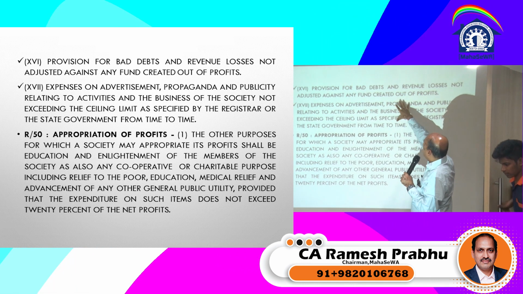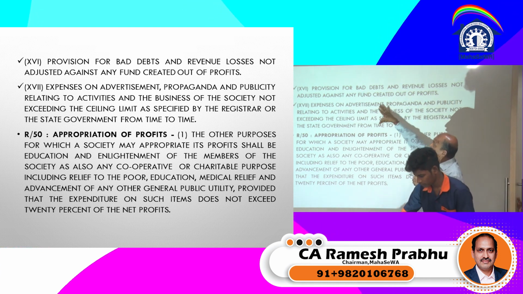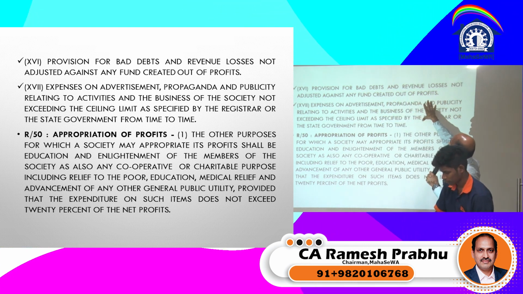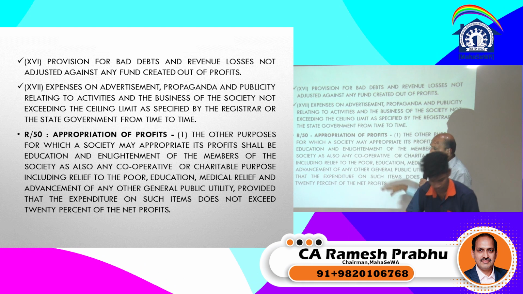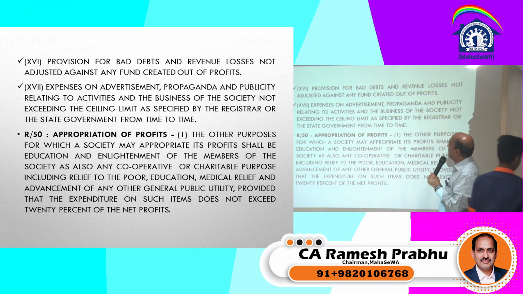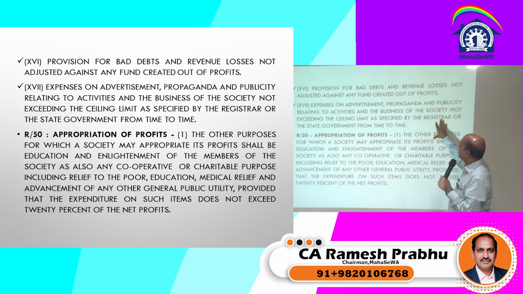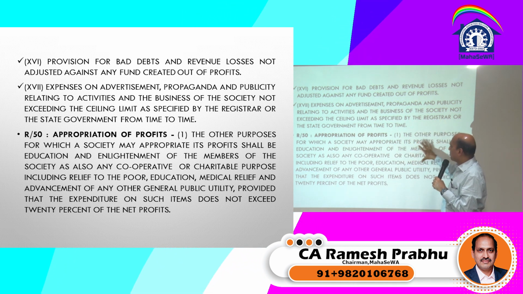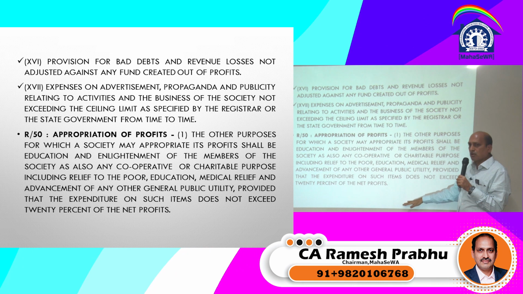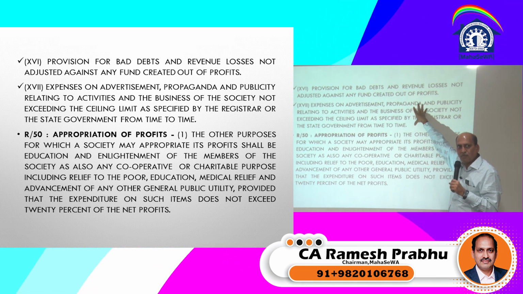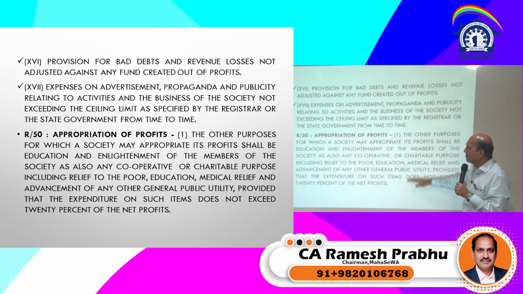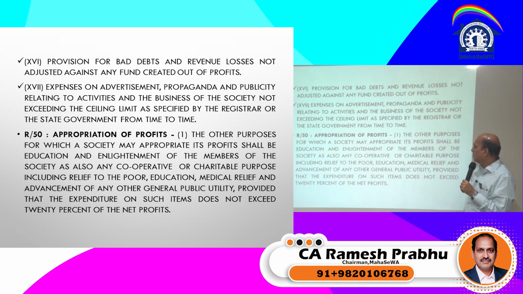Next, provisions for bad debts and losses adjusted against any fund created out of the profits. Expenses and advertisement, propaganda and publicity relating to activities and the business of the society. Appropriation of the profit: rule 49 talks about ascertaining the profit, rule number 50 talks about appropriation.